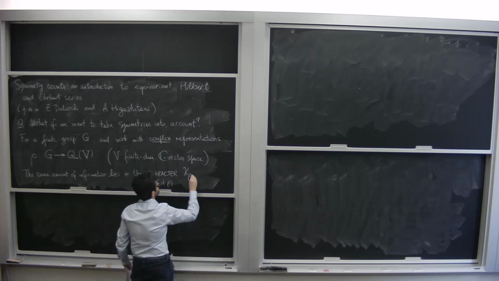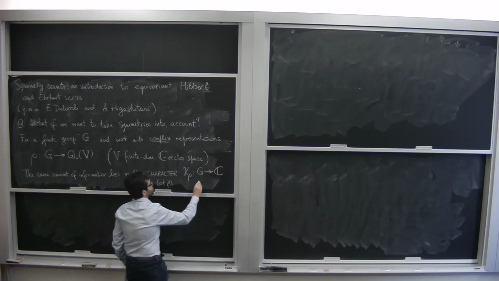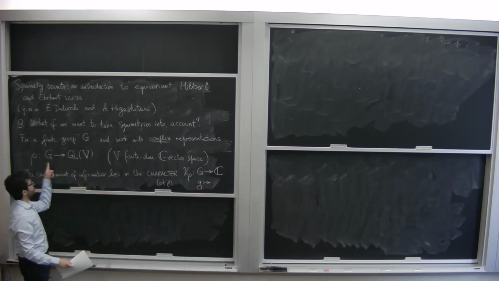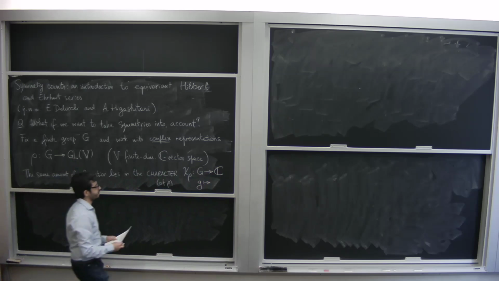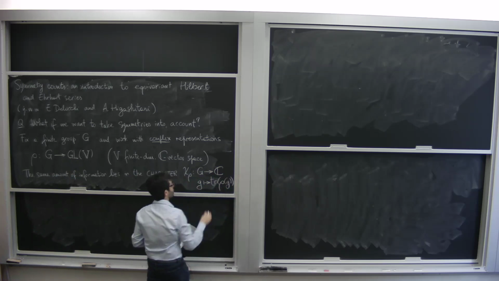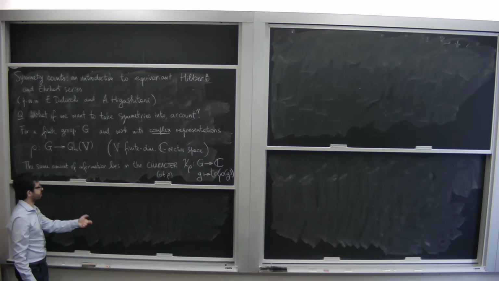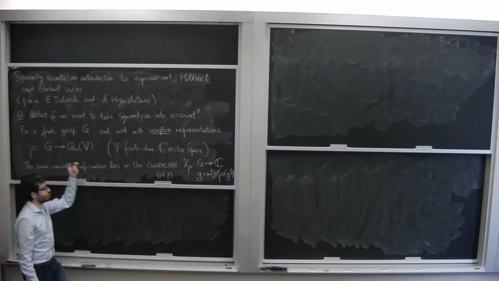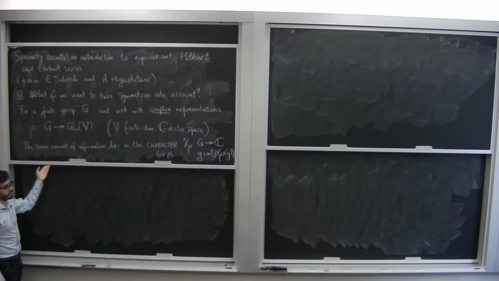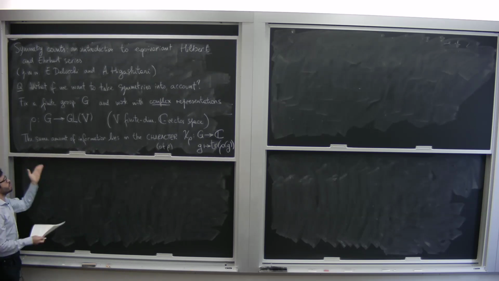This is nothing but a map that goes from G to the complex numbers. To each element small g, rho of g is a matrix, and then I can take the trace of that matrix. In this context, I can retrieve the information about the original representation from the character, which is not always the case if we're not using the complex numbers, but that's good enough for us. Okay, so what's the plan?